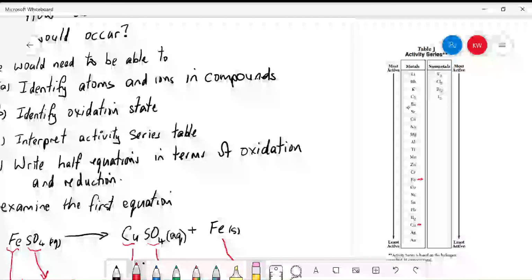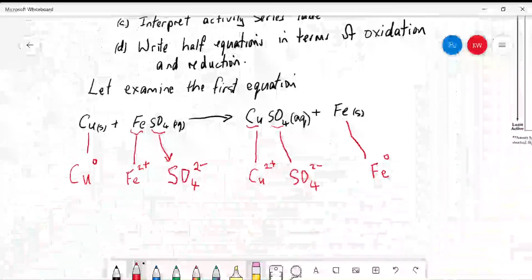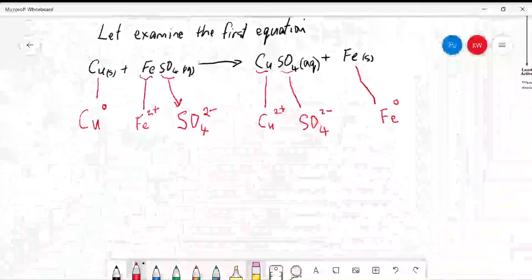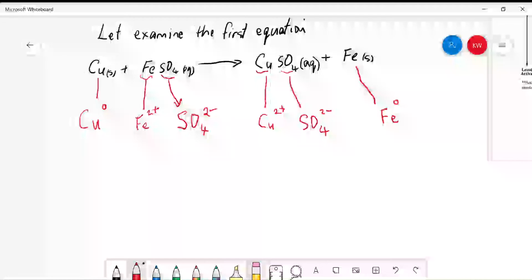So from this, we can tell that iron is the one that is going to be oxidized, and copper is going to be the one that is going to be reduced. When we're writing oxidation, okay, let's try this in black.